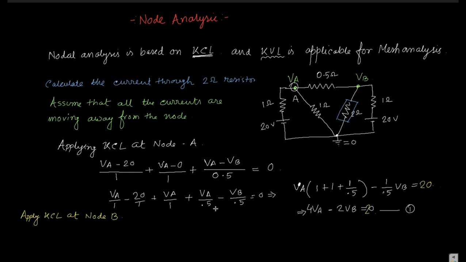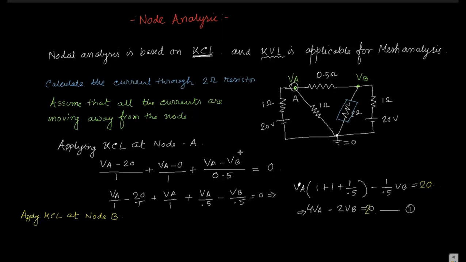So apply KCL at node B. What is the expression? Anybody can tell. So this is the initial voltage, this is the final voltage. When you apply VB, then VB is the reference node.